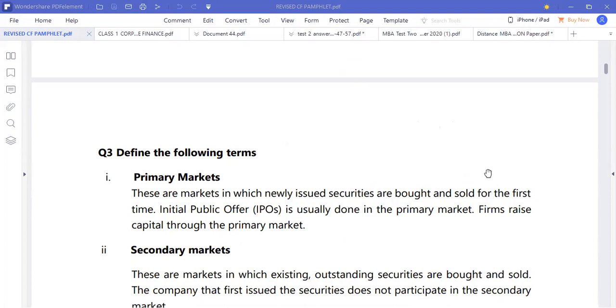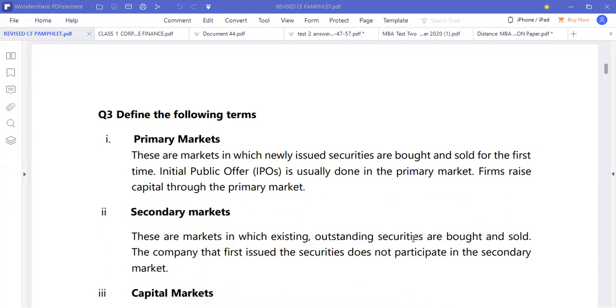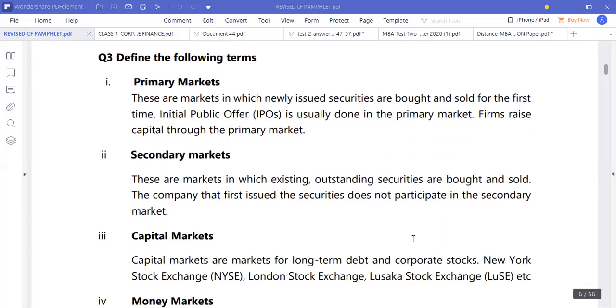Securities are simply a package of assets in terms of stocks or bonds that are sold for the first time using an IPO. So we usually use the primary market to sell such securities. Where securities are sold in an already existing market is called a secondary market. So you'd be asked to differentiate what primary and secondary markets are.